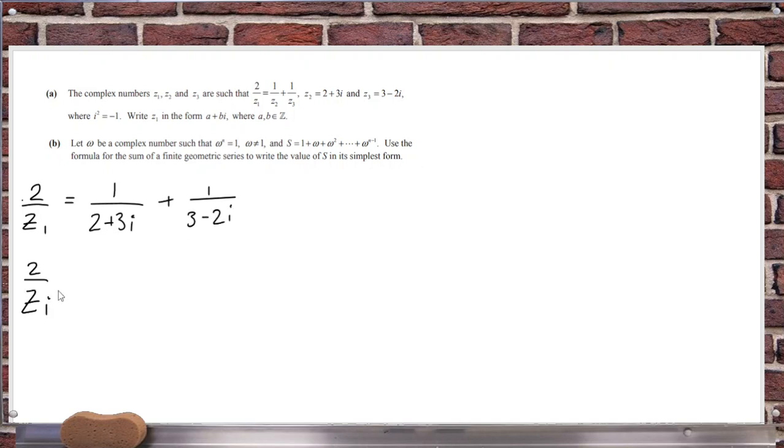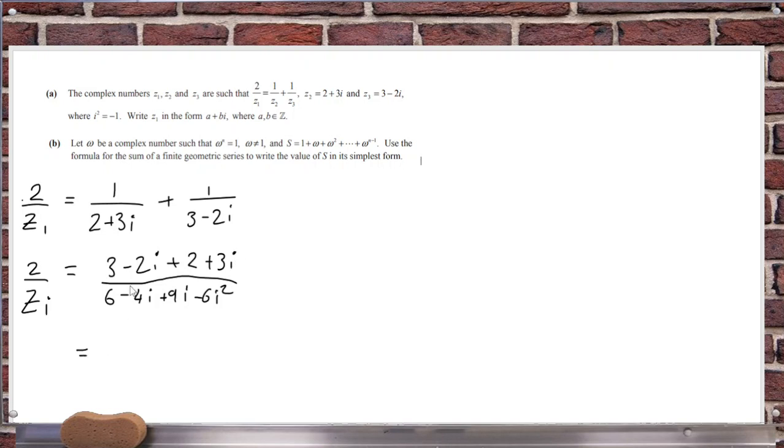Let's combine these fractions into one. So we multiply the denominators. 2 times 3 is 6, and then 2 times minus 2i is minus 4i, plus 9i, minus 6i squared. Then we do the cross: 3 minus 2i plus 2 plus 3i.